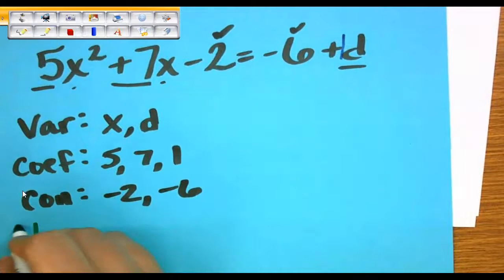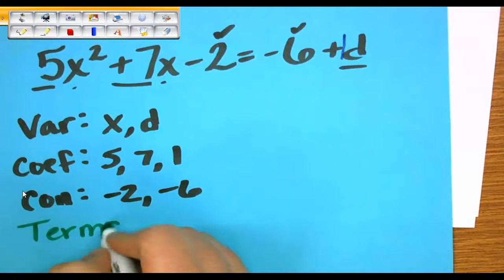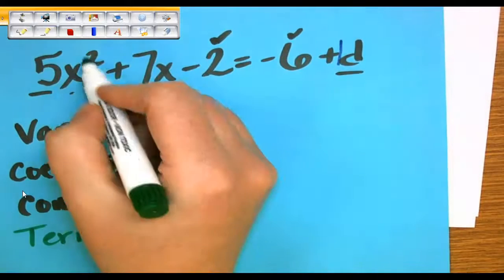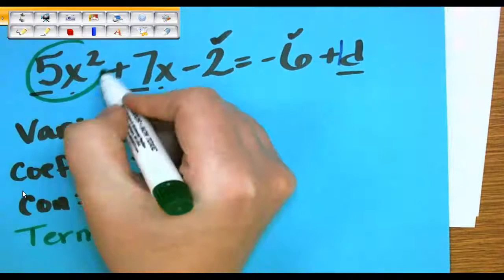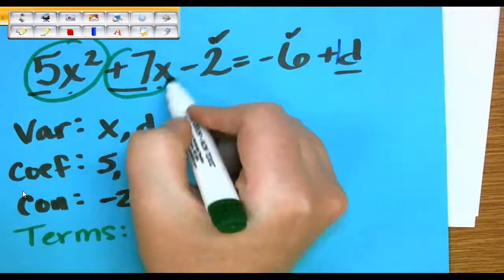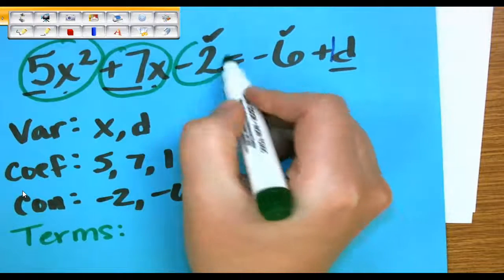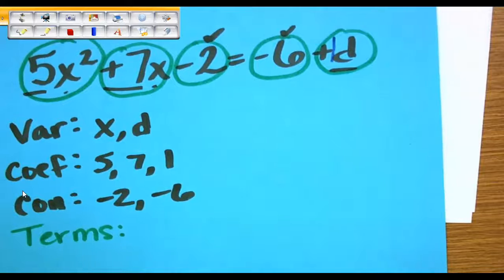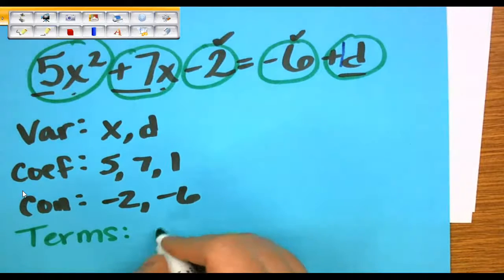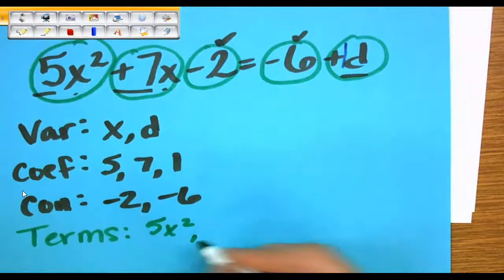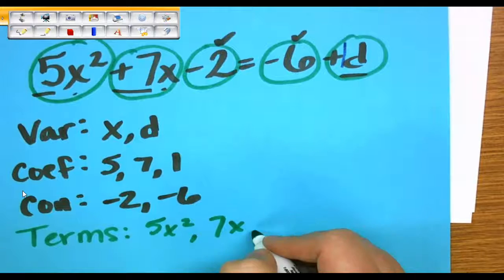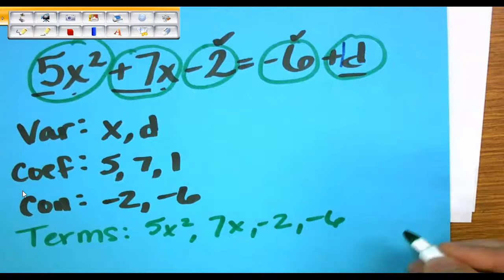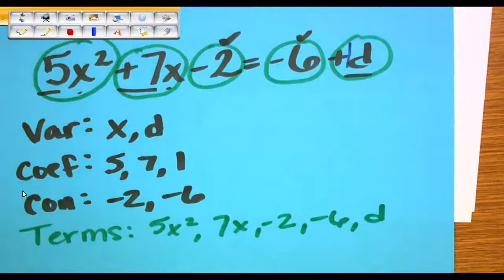What are the terms for this equation? Again, guys, if it helps you to circle them, circle them. I have 1, 2, 3, 4, 5 terms. So my terms are 5x squared, 7x, -2, -6, and D.